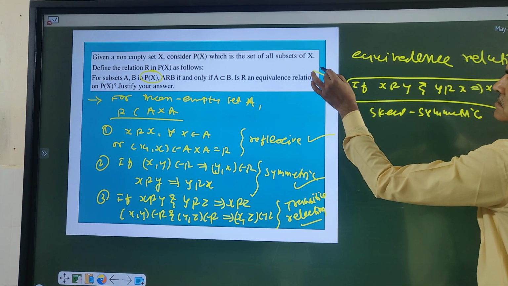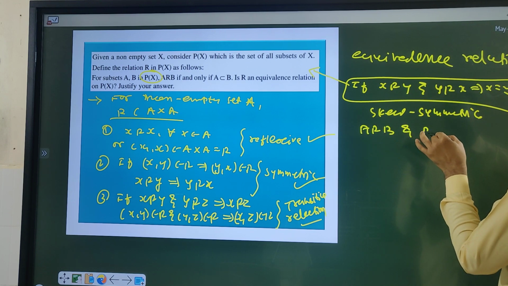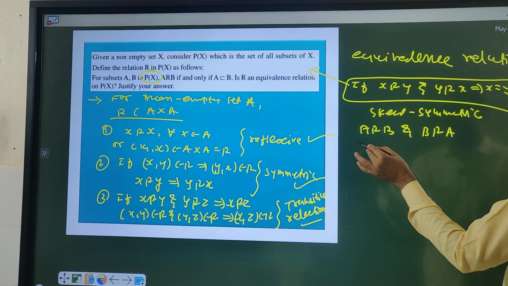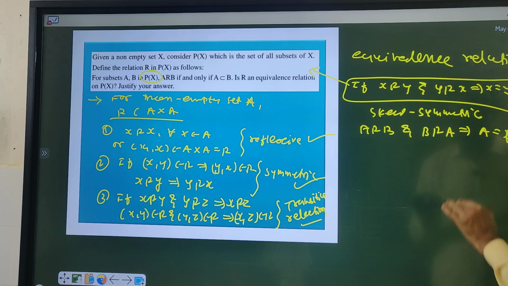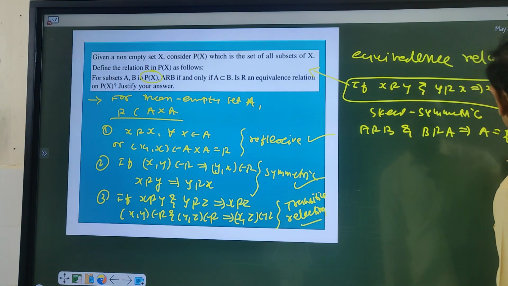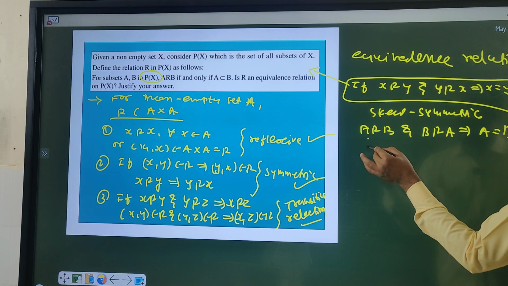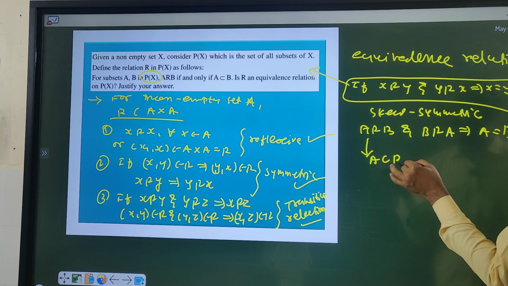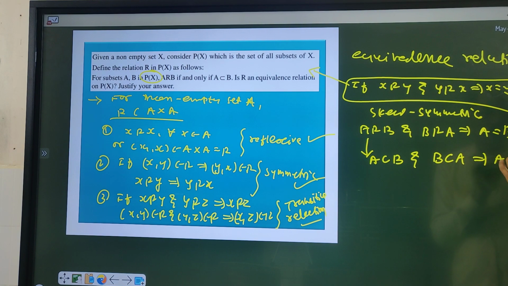See here, this relation is skew symmetric because A R B and B R A implies A is equal to B, because A R B implies A is a subset of B and B R A implies B is a subset of A. If A and B are both subsets of each other, then it is skew symmetric.